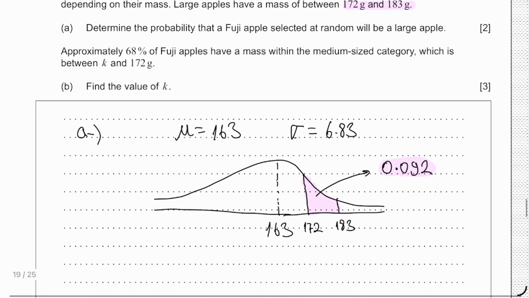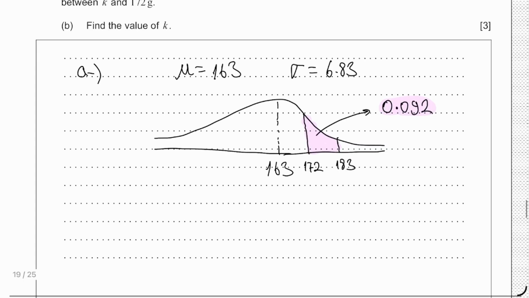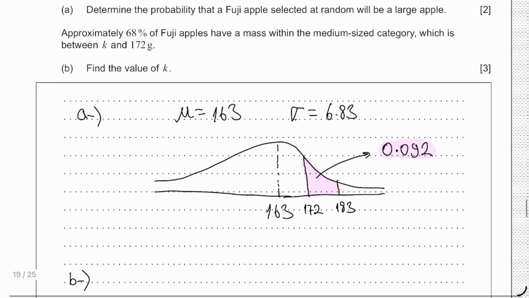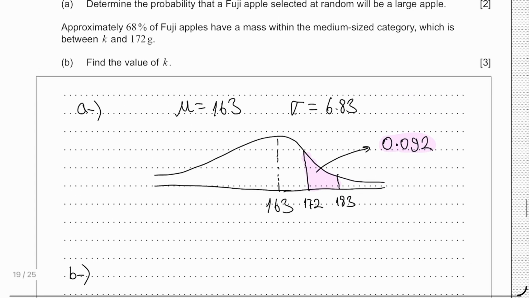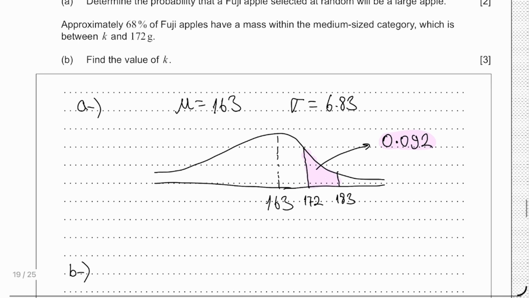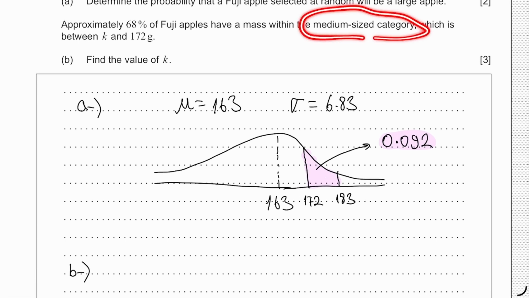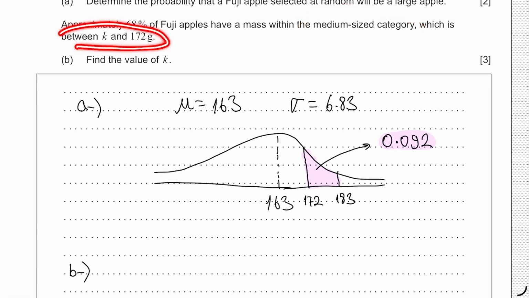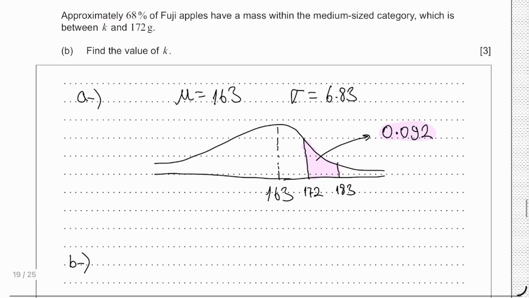Part B. Approximately 68% of Fuji apples have a mass within the medium-sized category, which is between K and 172 grams.